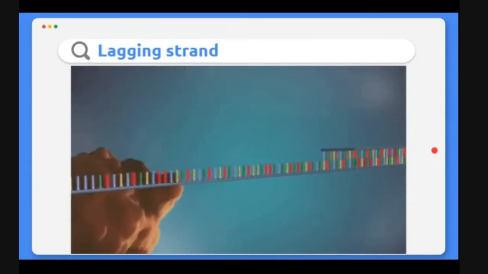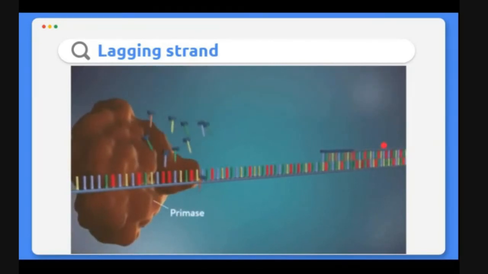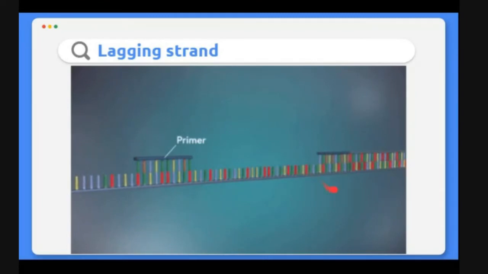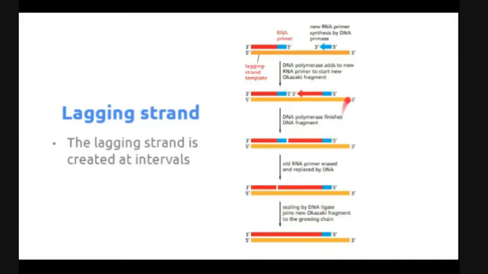Okay? So, ngayon, when you make your Okazaki fragment, dito sa part na 'to, 'di ba gumagamit ka ng multiple primers, right? To form different Okazaki fragments. And now, you need to remove these primers kasi again, ang ginagawa mo DNA, hindi RNA. So you have to remove these RNA primers.